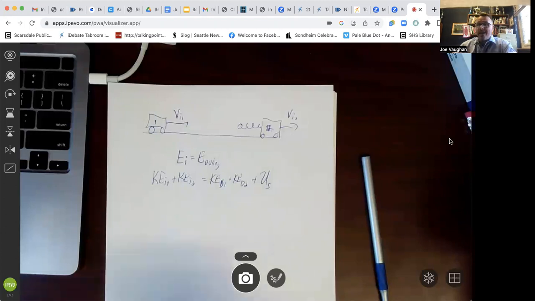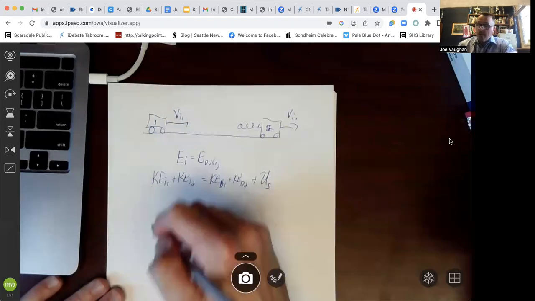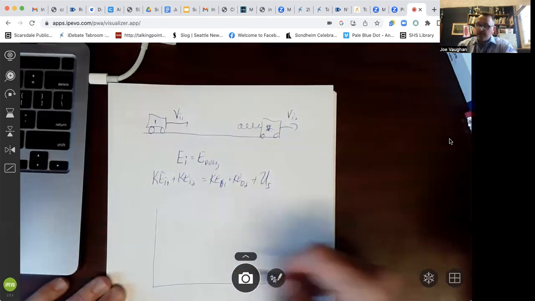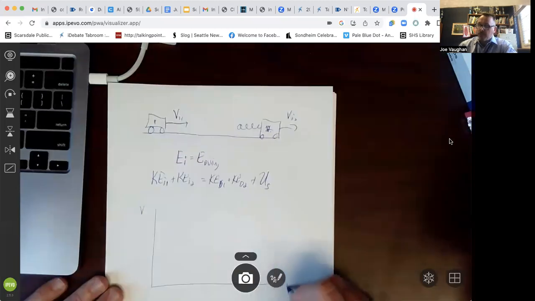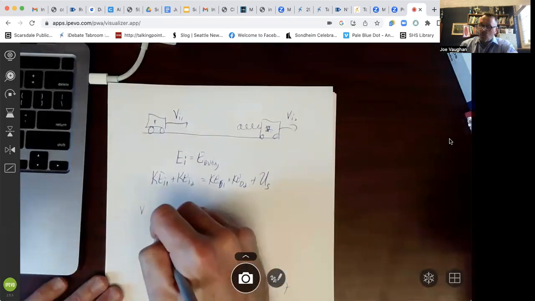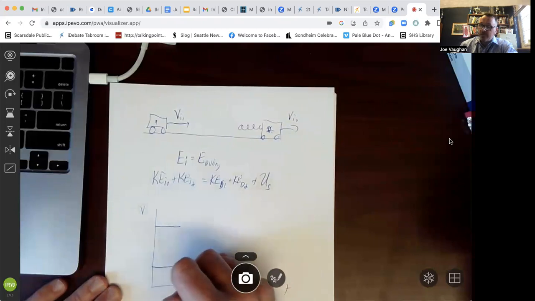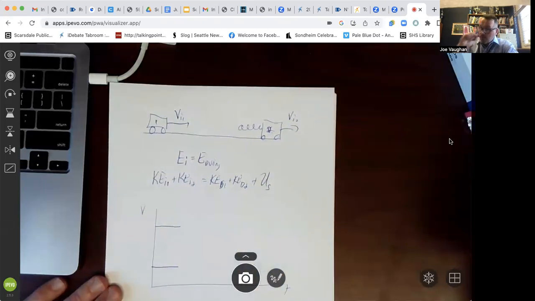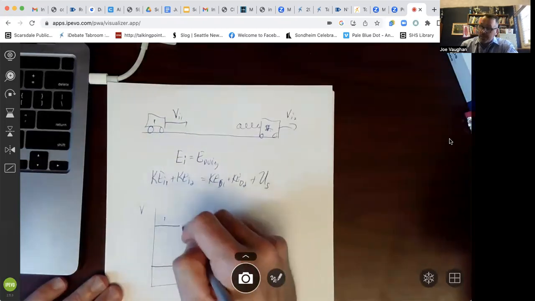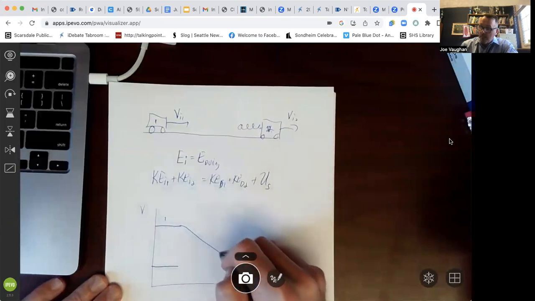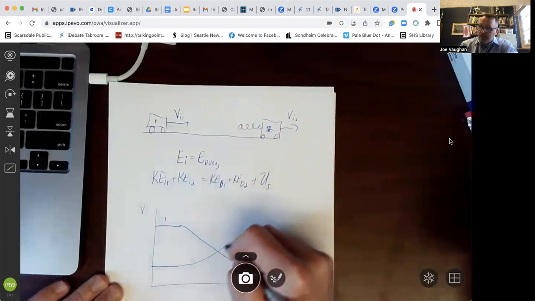There's going to be one exact moment when, if I'm plotting their speeds with respect to each other through time, let's say here's object one's speed, here's object two's speed, we know that object one is going to slow down, but object two is going to speed up.